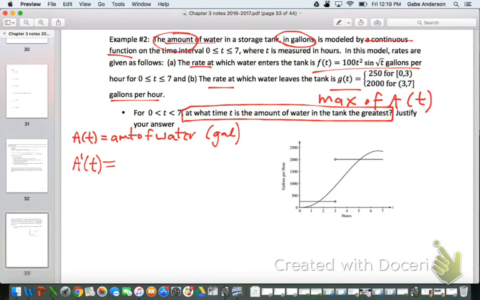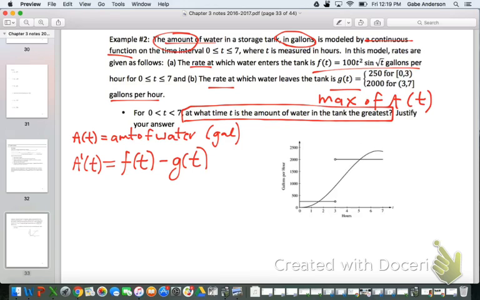So how do they work together to give us A prime? F minus G. Okay. So why did you guys choose F to be positive and G to be negative? F enters the tank and it makes it bigger. Yeah. F is making the amount of water increase. G is making the amount of water decrease. And so it needs to be F minus G.